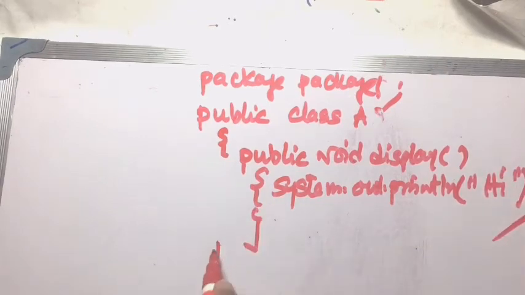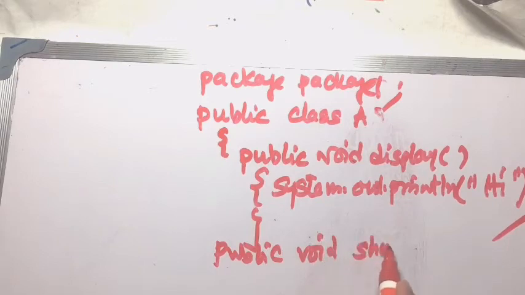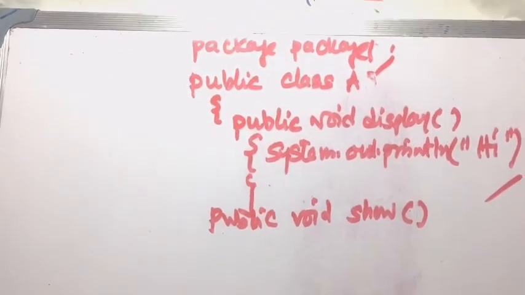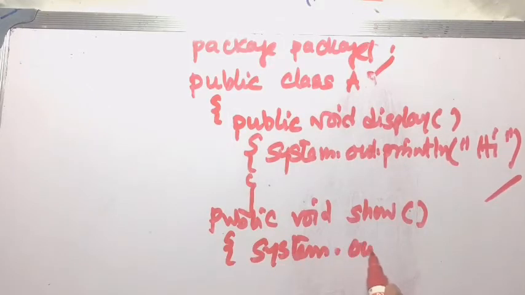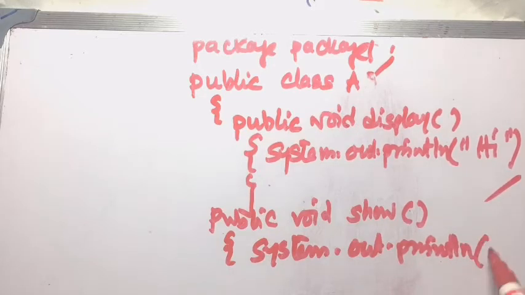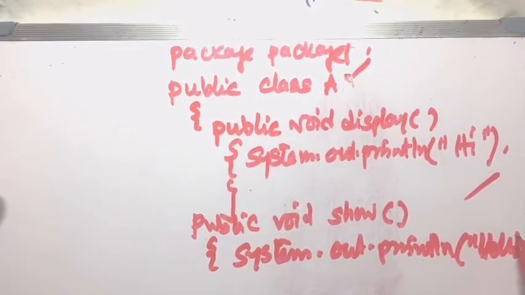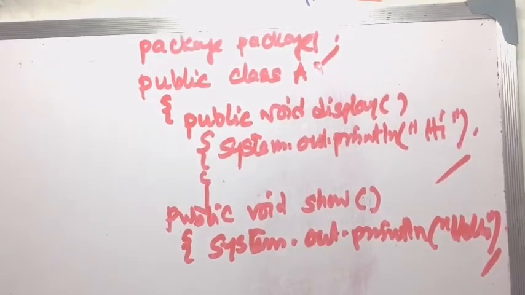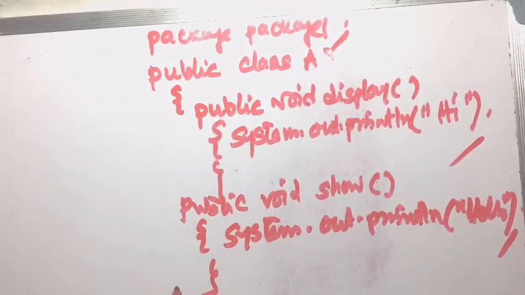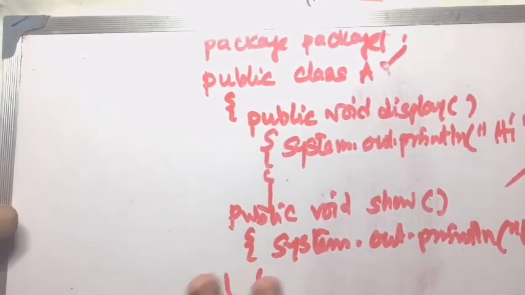And there is another method, public void show, System.out.println, suppose the message is hello. This is the end of show, and this is the end of class A.